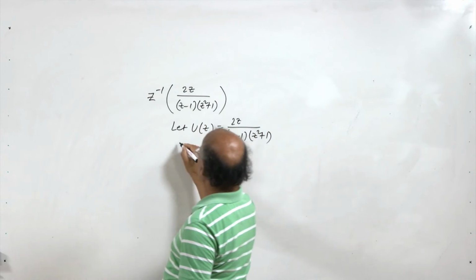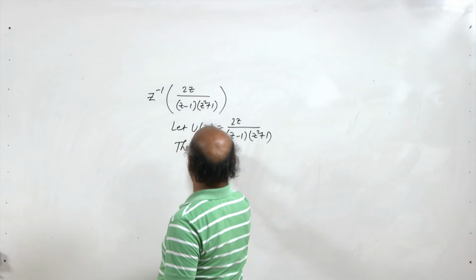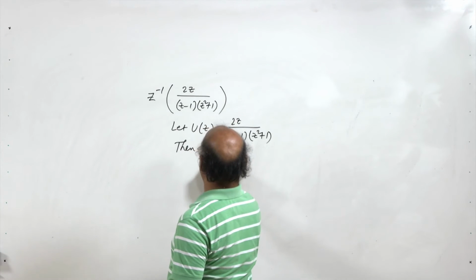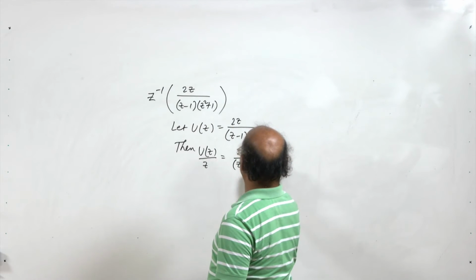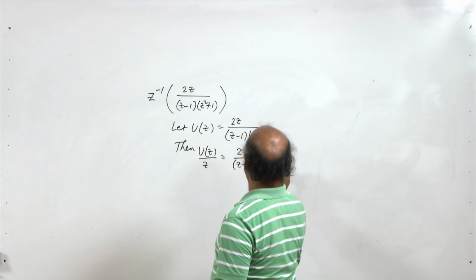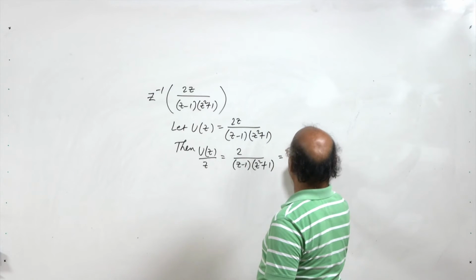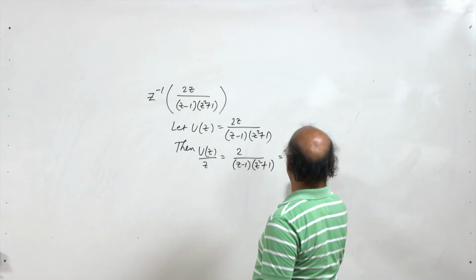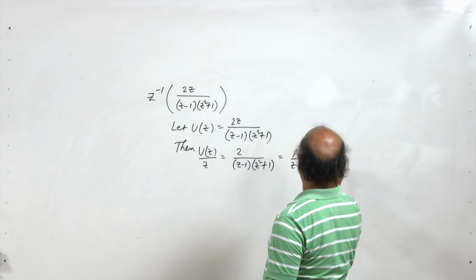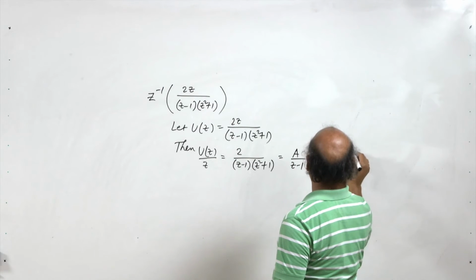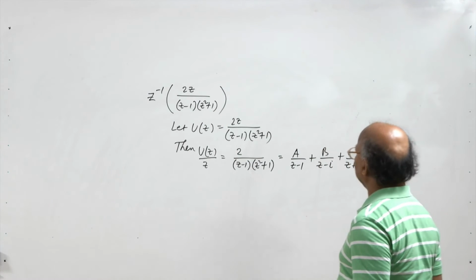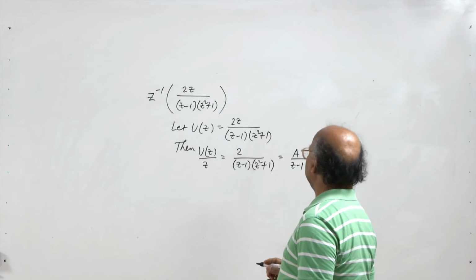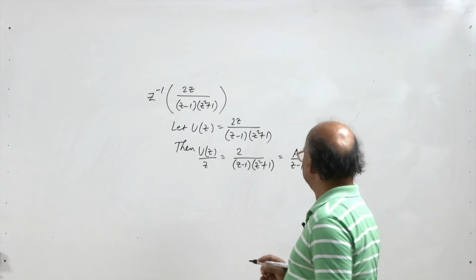So, then we write U(z) by z, which will be equal to 2 over (z minus 1)(z square plus 1), which we can write as A over z minus 1, B over z minus i, and C over z plus i, because z square plus 1 can be broken into linear factors (z minus i)(z plus i).